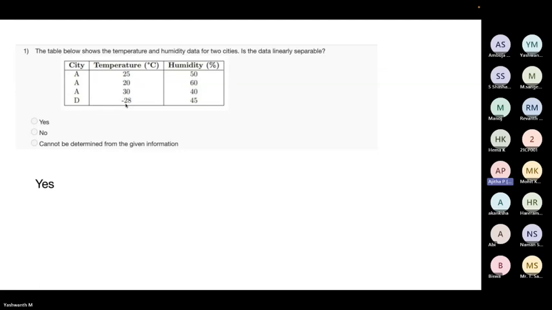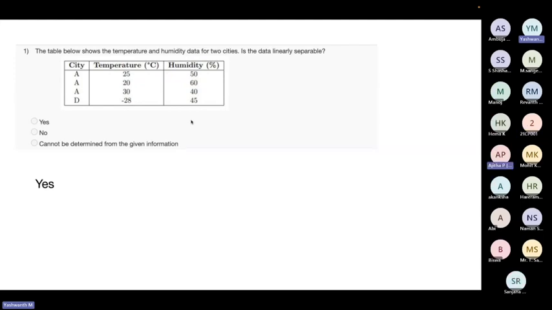Sir, is it because it is on the negative side? Exactly, yes, it is on the negative side. The rest of the points are positive. It doesn't matter where the y-axis points are. If you put a straight line, that is the y-axis, then you can separate out these points.